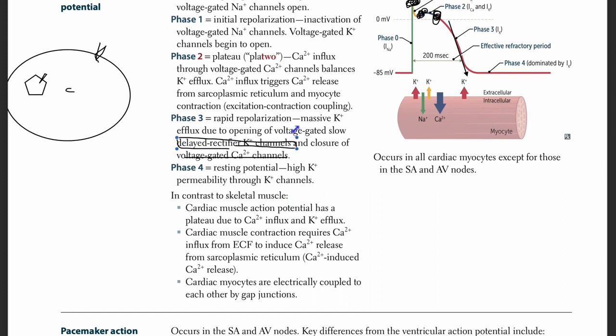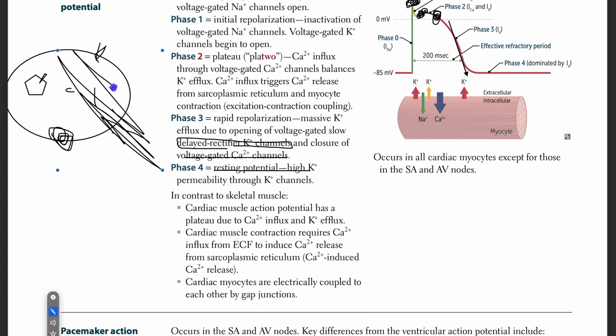But we still have some that are not voltage gated, and they're still permeable. So you have high potassium permeability through the K channels. There are K channels over here as well. Some require ATP, but some do not, so they can flow in and out freely, or out in this case.